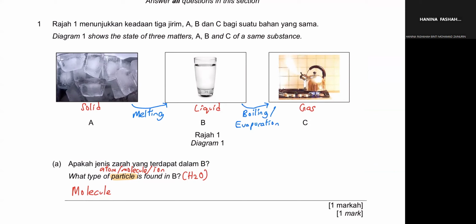If it goes straight from solid to gas, this process is known as sublimation. Then the reverse, gas to liquid, is condensation.